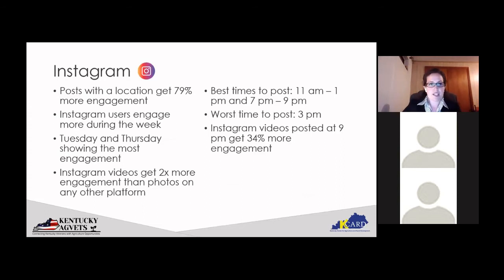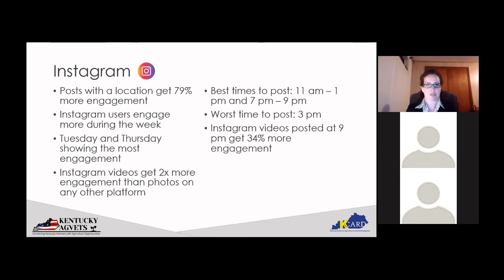Here are a few key tips on Instagram. If you've got your location tagged on that video or that picture, you get 79% more engagement. So if at all possible, put that location marker there. Most Instagram users use the app during the week, with Tuesdays and Thursdays having the most engagement.